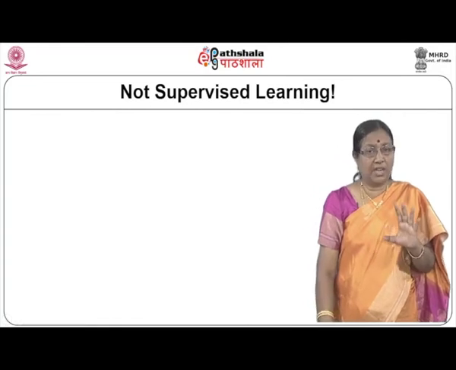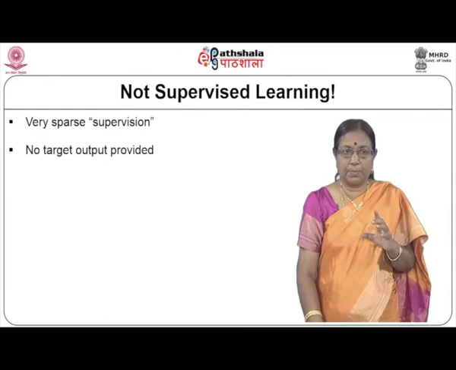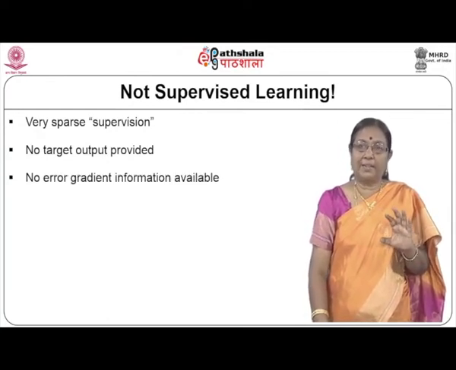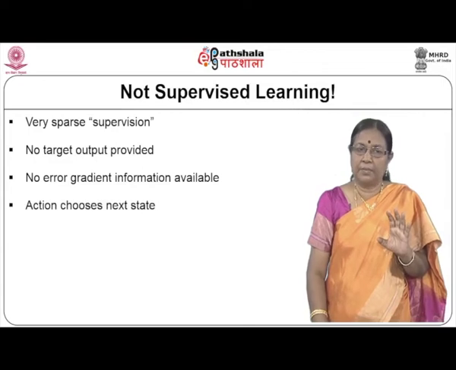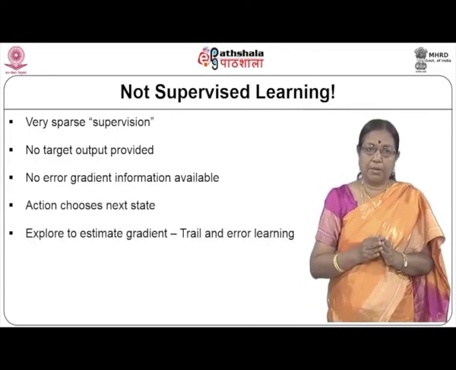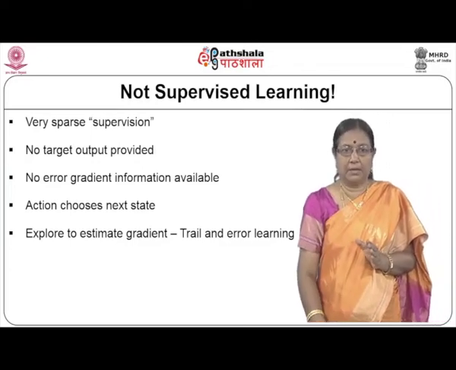Now, this is not equivalent to supervised learning, you can call it very sparse supervision because no target output is provided, no error gradient information is available. Action chooses just the next state and you explore to estimate the gradient, it is trial and error learning.